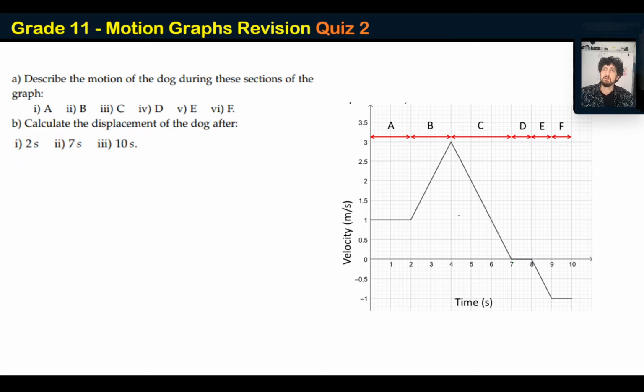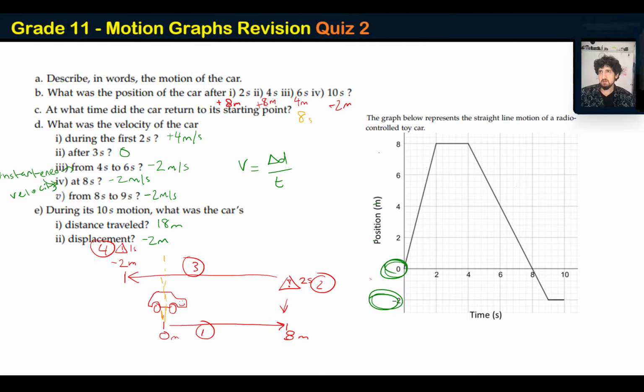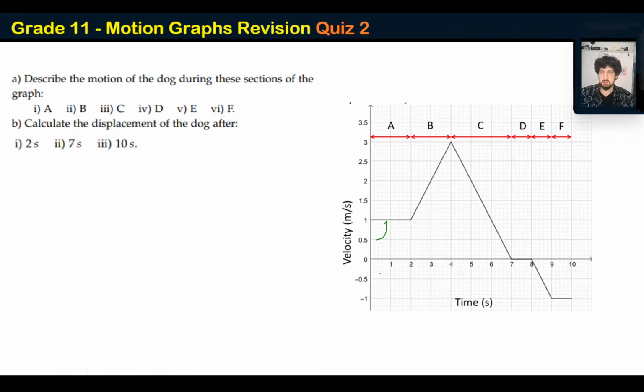Okay, so let's have a look. First of all, let's write it in. The first part is constant velocity. This part here is constant velocity.